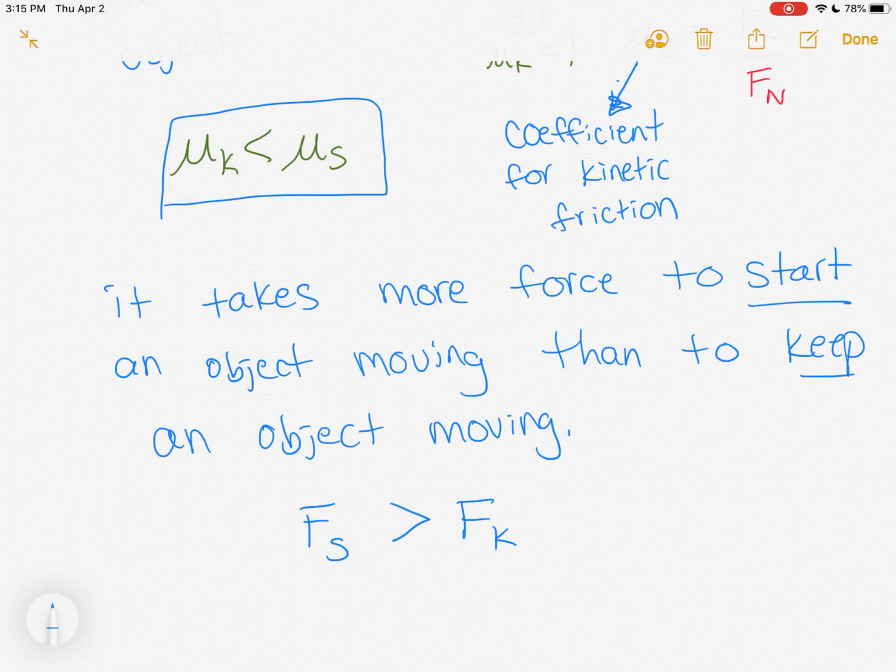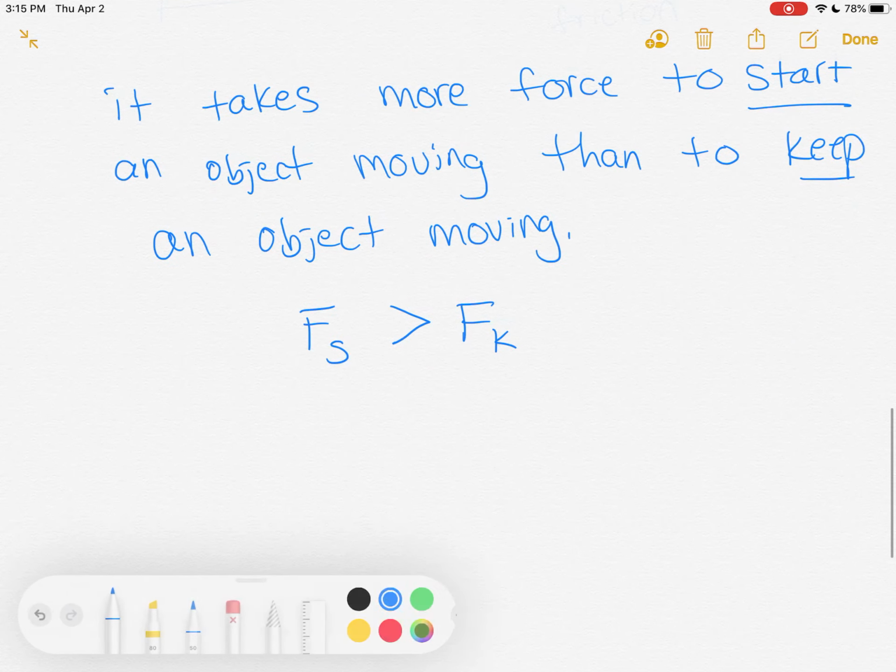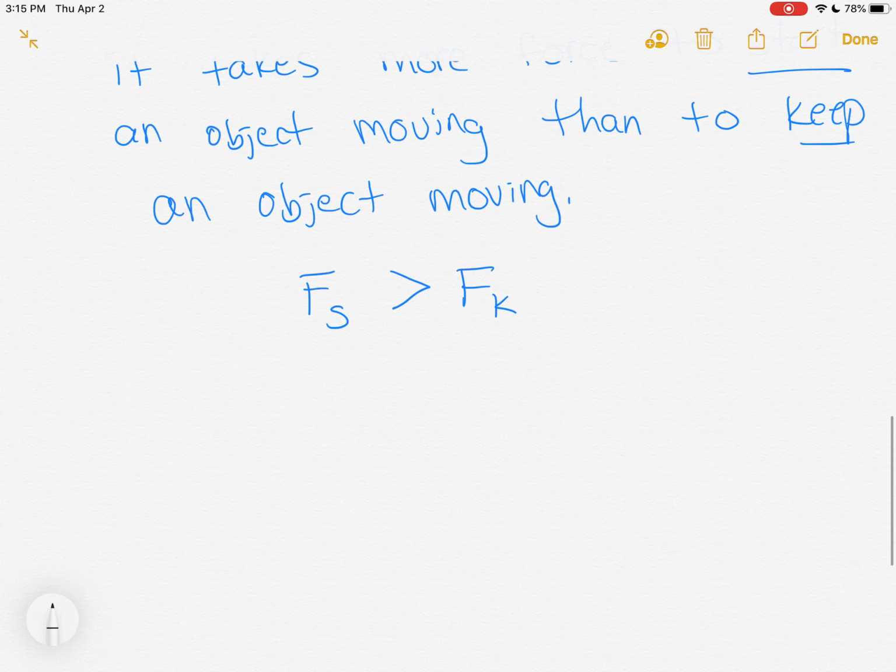All right, so we're going to do some examples with these friction forces, involving static friction and involving kinetic friction. So we're going to start with some examples here.